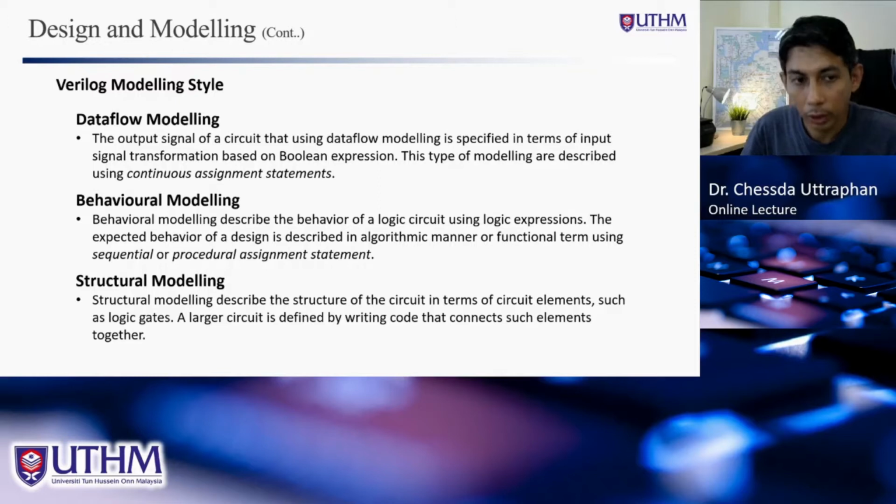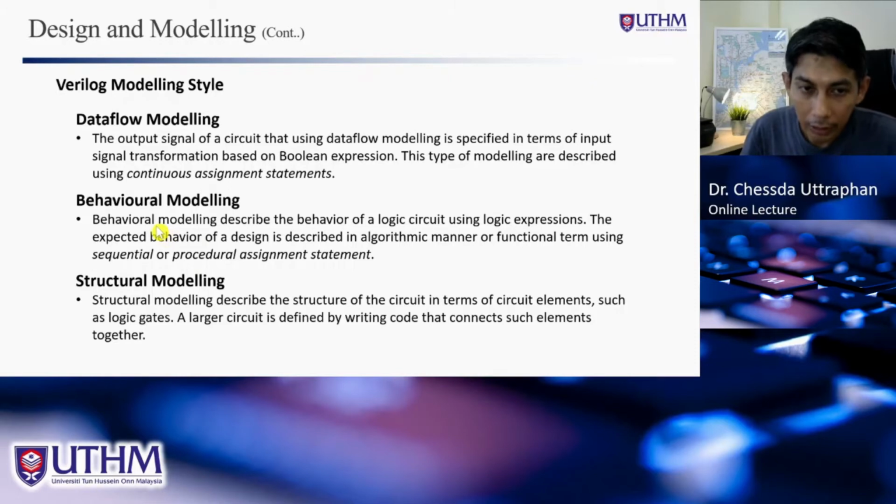All right. So now the question is, which one do you need to use in order to design your circuit? The answer can be either one, or a combination of two, or a combination of three, depending on the type of circuit that you want to design.